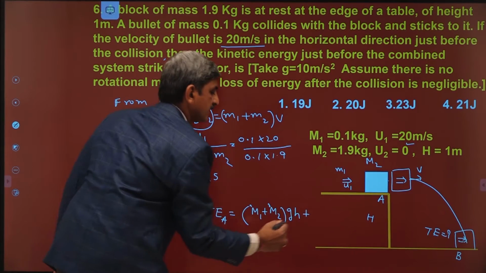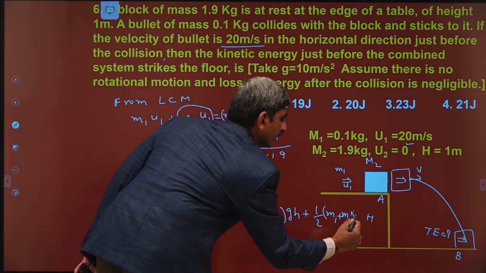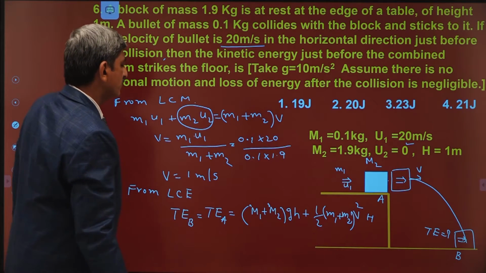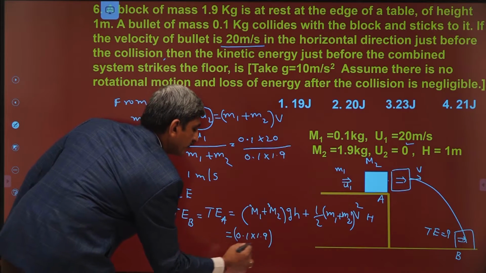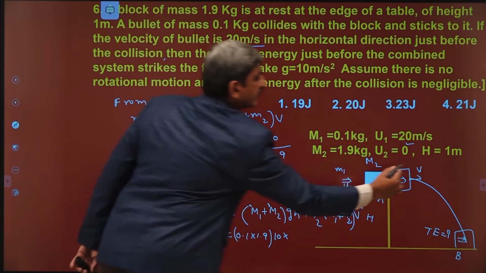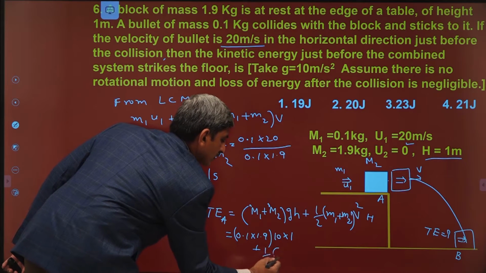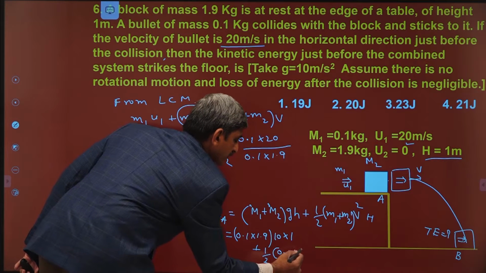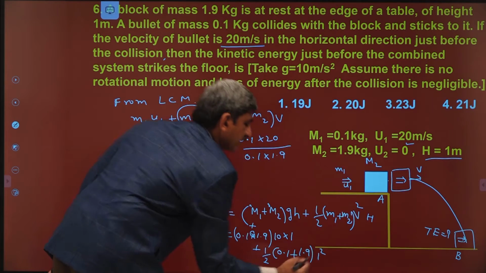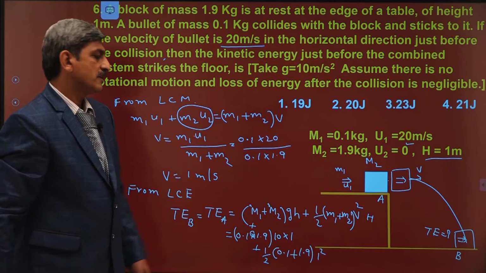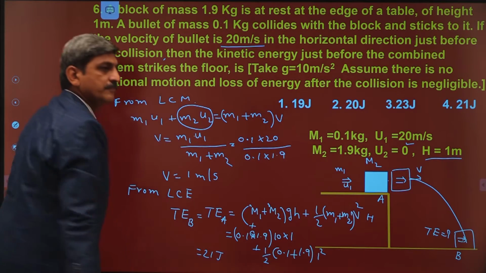So the energy is (m1 plus m2) gh plus the kinetic energy, which is half m v square, that is half of (m1 plus m2) v square. Now substitute the values, it becomes (0.1 plus 1.9) into 10 into the height, which is given as 1 meter, plus half into (0.1 plus 1.9) of 1 square. So by simplifying this, we get the total energy is equal to 21 joules.